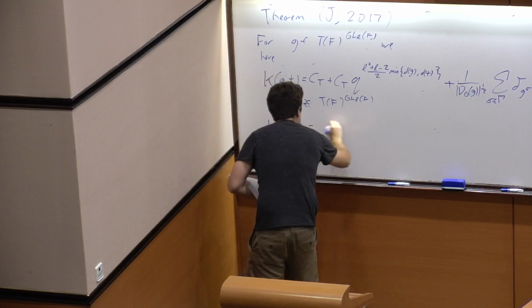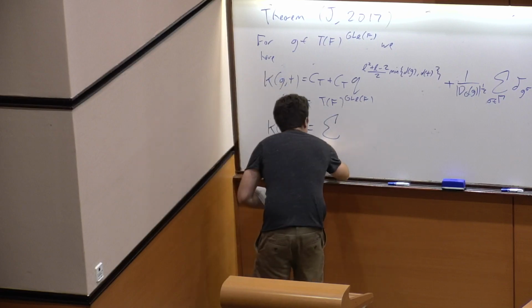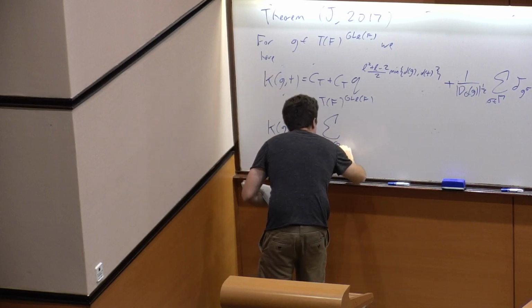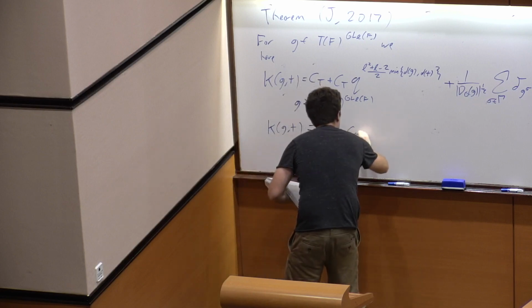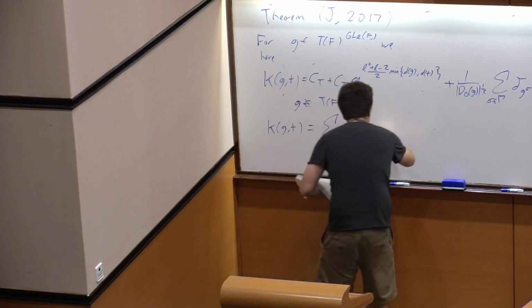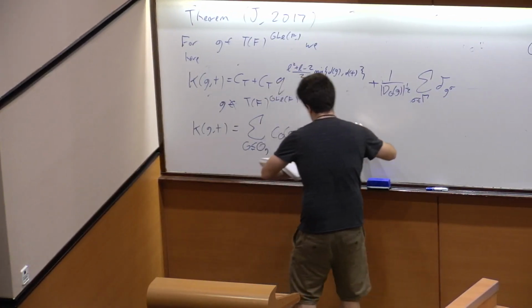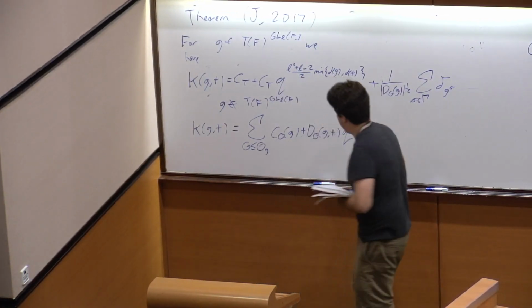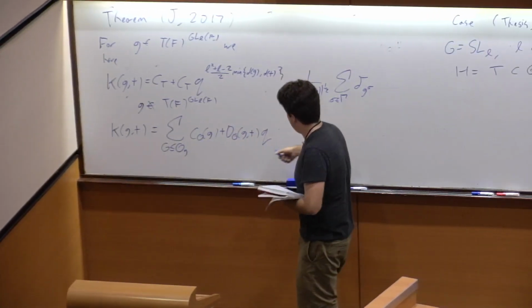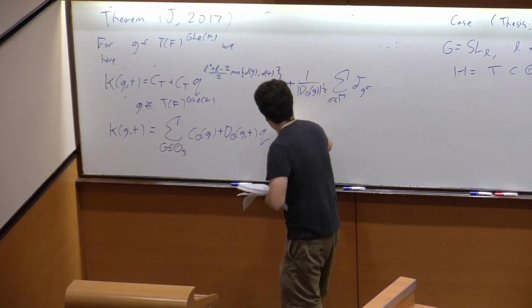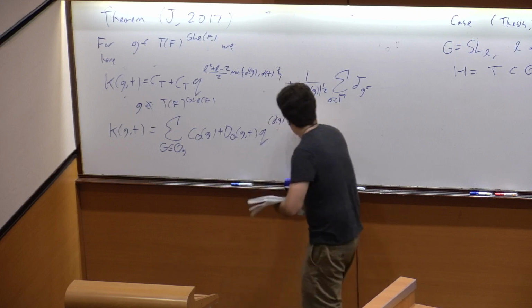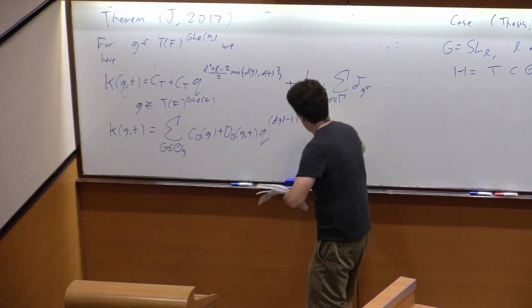It's given by... So I'm leaving the definition of these constants somewhat mysterious, but they're quite easy to write down. I just don't want to write them out just due to board space.